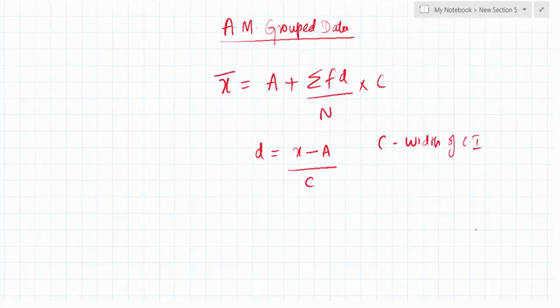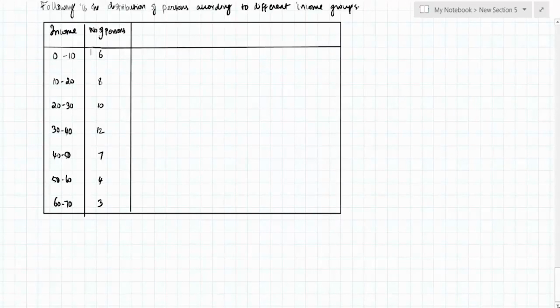Let's see. Now from this information, we have to find the mean. Here what you have is the income level of each and every group. Let's say it can be 0 to 10,000, it can be 10,000 to 20,000.